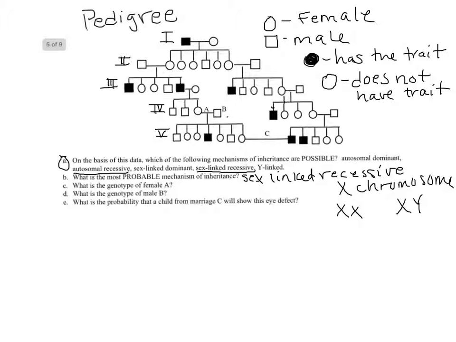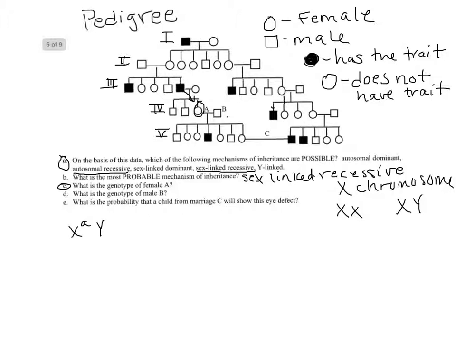So when I look at letter C, what is the genotype of female A? So that is this one right here. So female A got an X chromosome from her father who would have been affected by this trait. So female A's father's genotype probably was recessive like that.